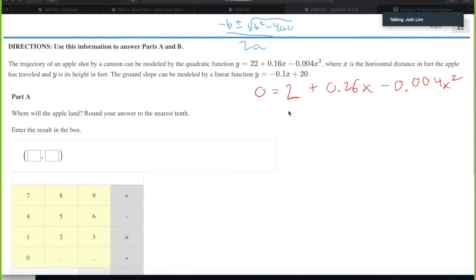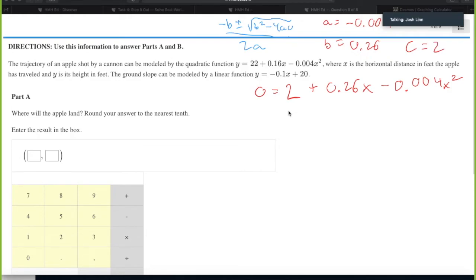Our a is equal to negative 0.004. Our b is equal to 0.26. And our c is equal to 2.